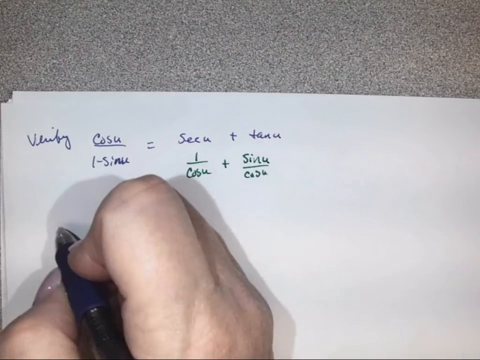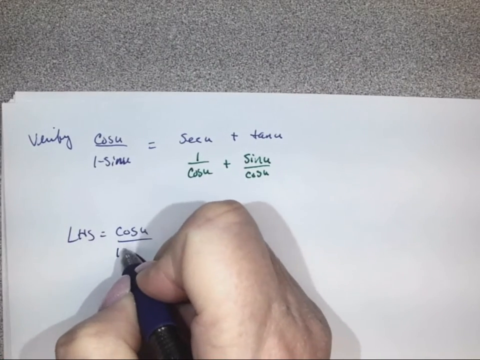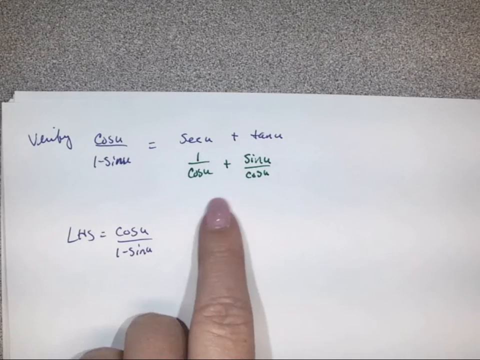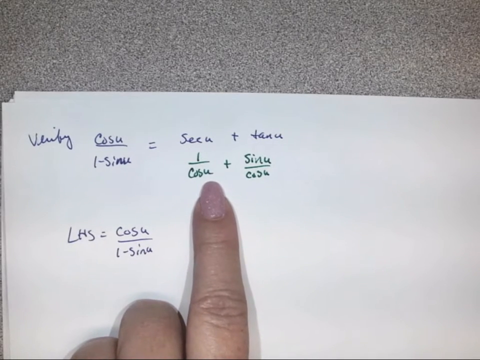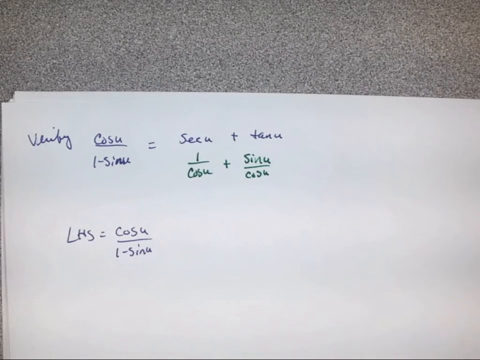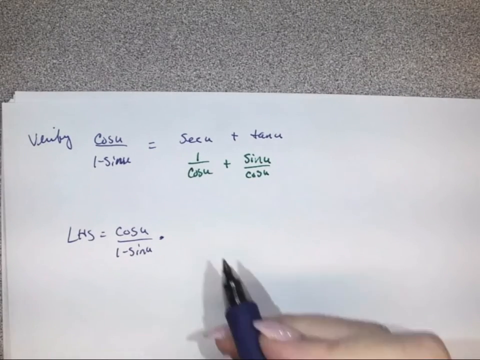So let's take our left-hand side, which is equal to cosine u over 1 minus sine u. It's already written in terms of sine and cosine, so that's not going to help me at all. But I know that my denominator has to get to be cosine. Well, the only way I can clear out the sines here and simplify this denominator is to multiply by the denominator part. That would make it the difference of squares.